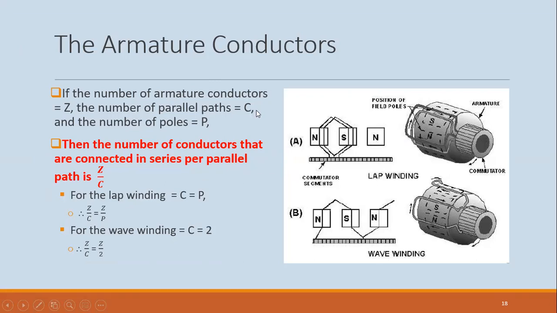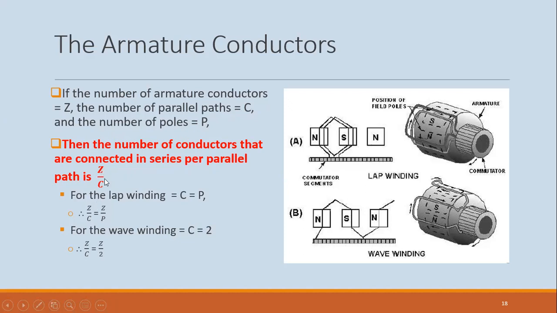So the number of parallel paths will depend upon whether or not the machine is lap wound or wave wound. The number of parallel paths is called C. So the number of conductors connected in series per parallel path is equal to Z over C. C is the number of parallel paths, Z is the number of conductors.